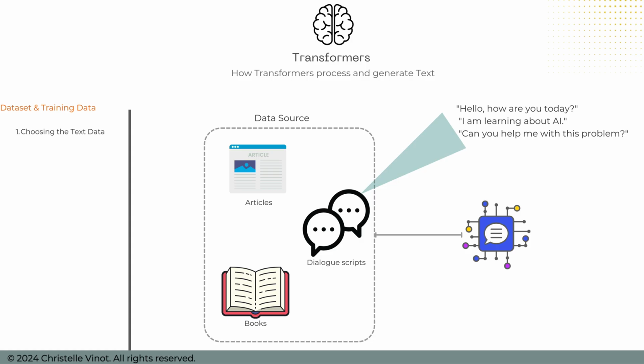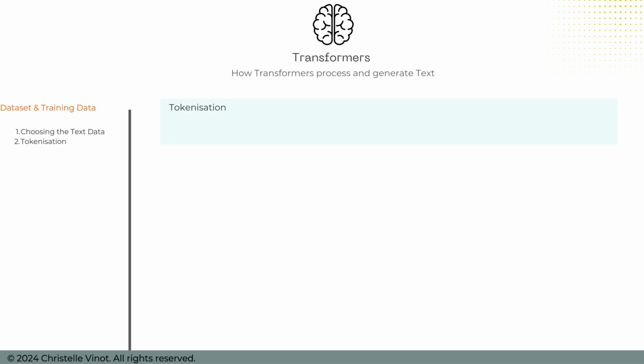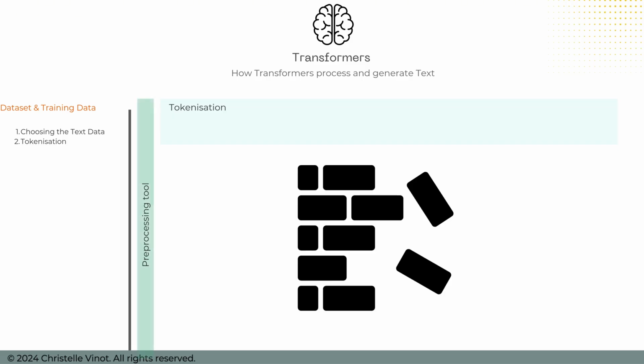etc., etc. Once we have selected the text, we move on to the pre-processing steps that prepare this data for the model. The first step is tokenization, which is handled by a pre-processing tool outside of the transformer model itself. Tokenization breaks down each sentence into smaller units called tokens.